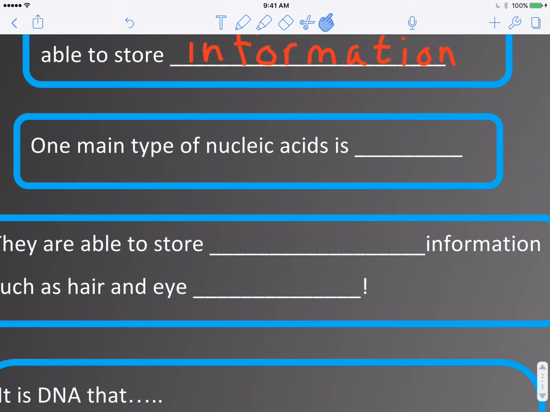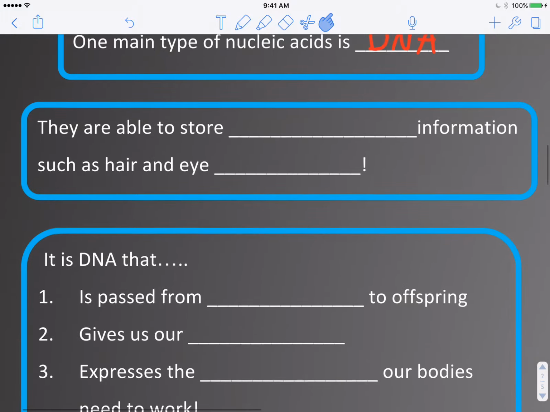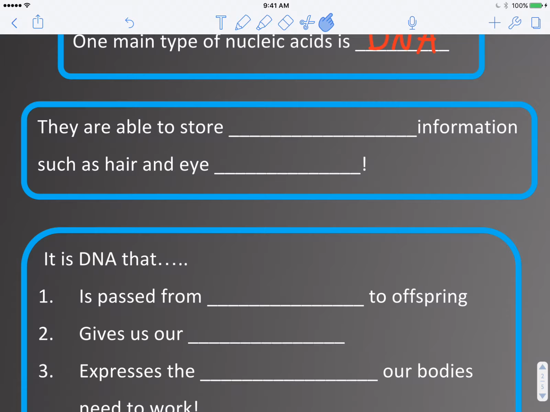And one main type of nucleic acid, the one that we're really going to focus on and the most important one in our body, is DNA. I'm sure you've heard of DNA many times before. And it's important to understand that nucleic acids are able to store what's called hereditary information.